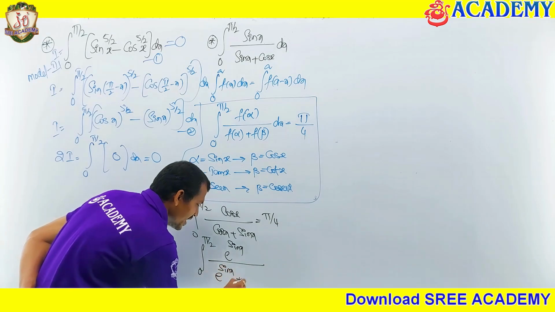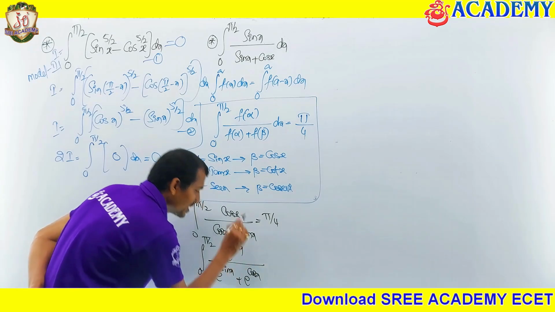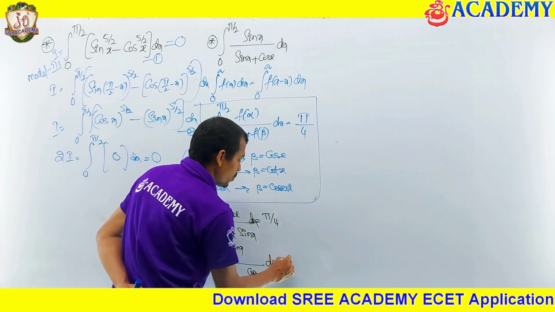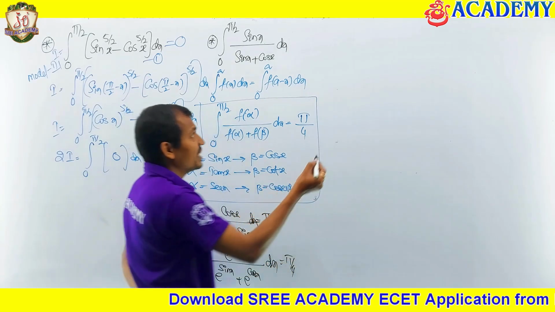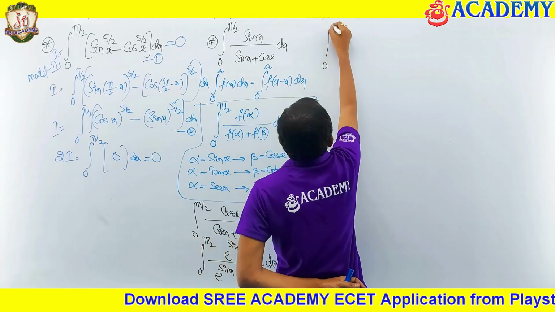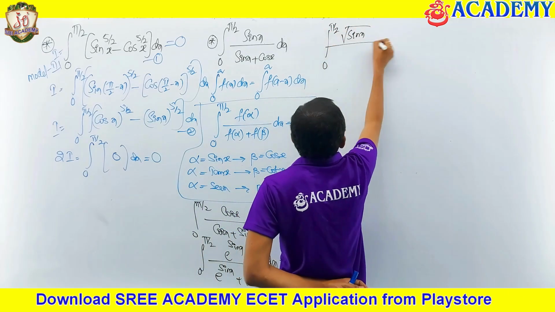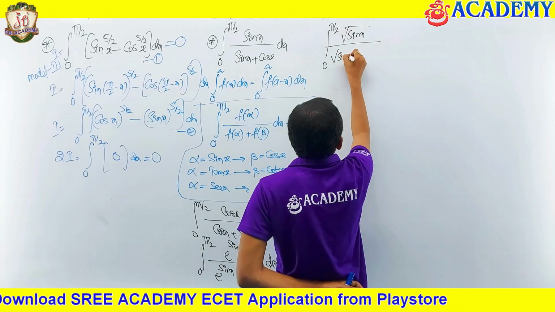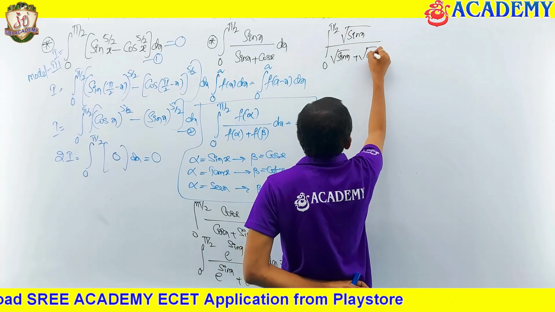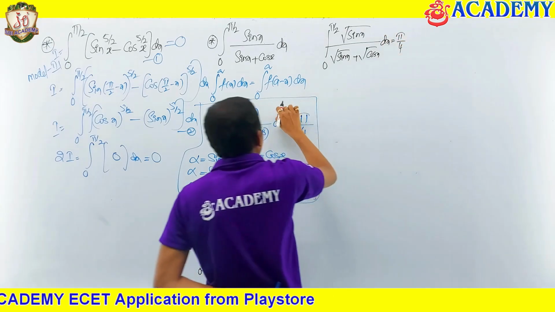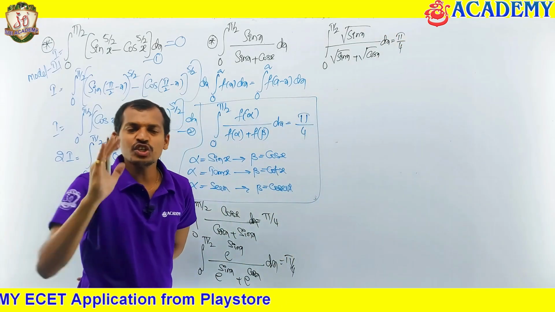If you have e power of sin x and cos x here, the answer is also going to be pi by 4. We can write integral 0 to pi by 2 root sin x divided by root sin x plus root cos x. It may be any function, the answer is always going to be pi by 4. We can write any question using this form.